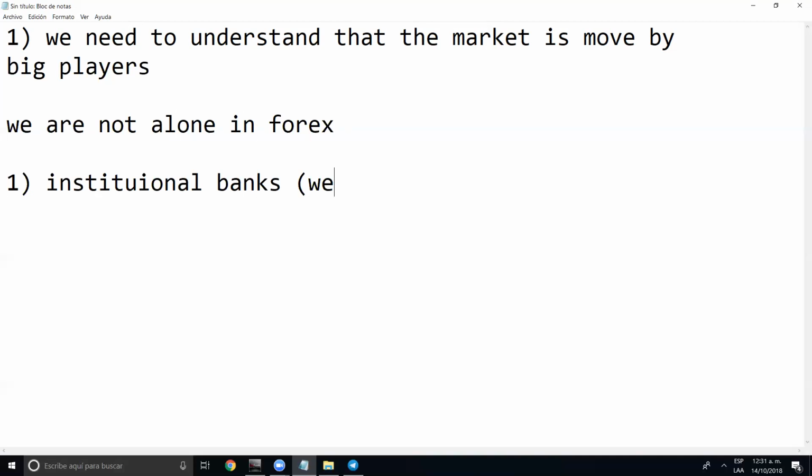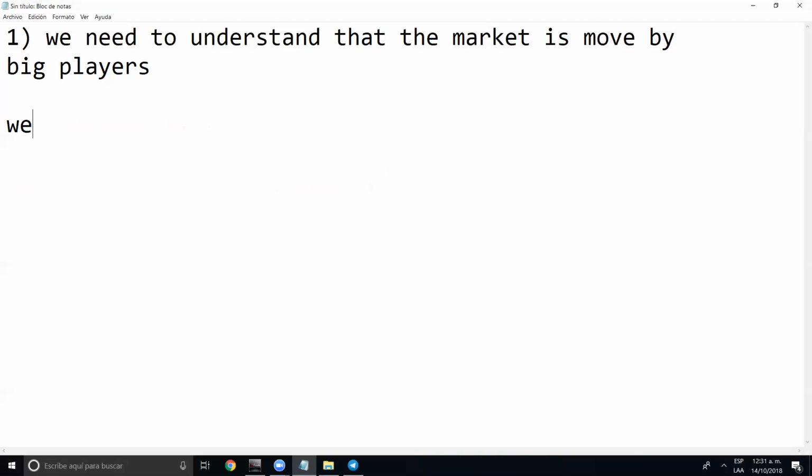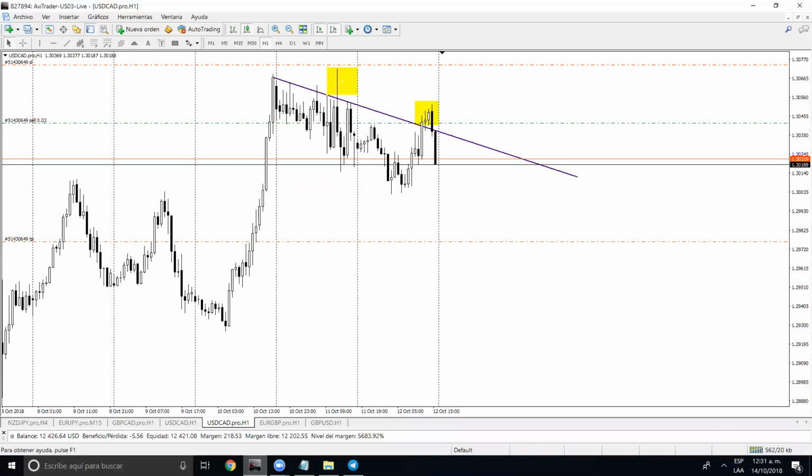We are fighting or playing against each other, trying to move money from one part to another. Understanding this, if we put a trade, it's not going to count for anything. It's like a little peanut.